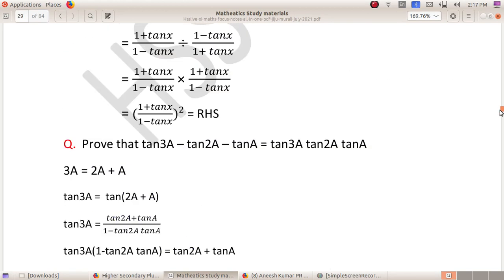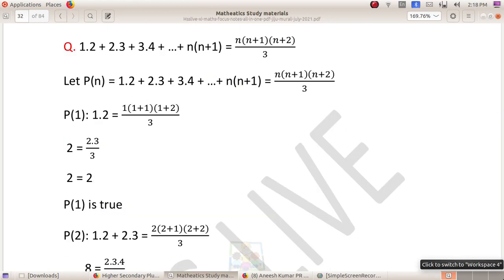Using the principle of mathematical induction, prove that 1 into 2 plus 2 into 3 plus 3 into 4 plus etc. plus n into n plus 1 equal to n into n plus 1 into n plus 2 divided by 3. Okay, so this is to be proved by using the principle of mathematical induction.